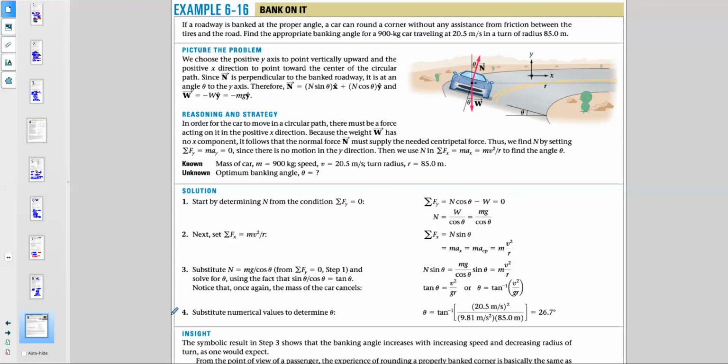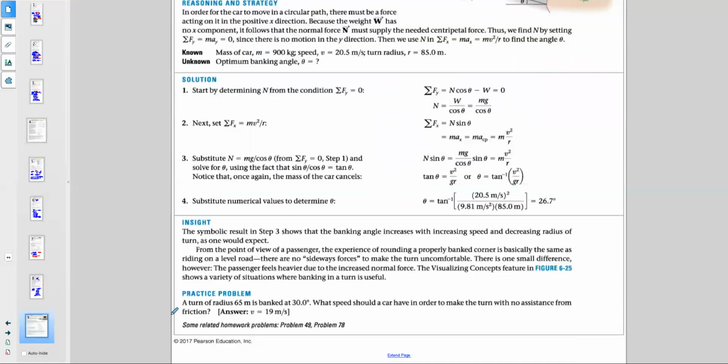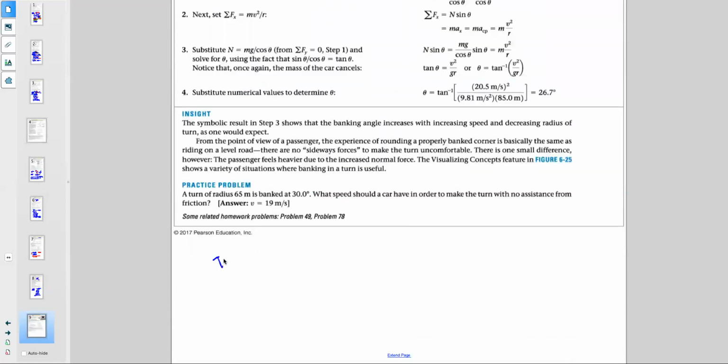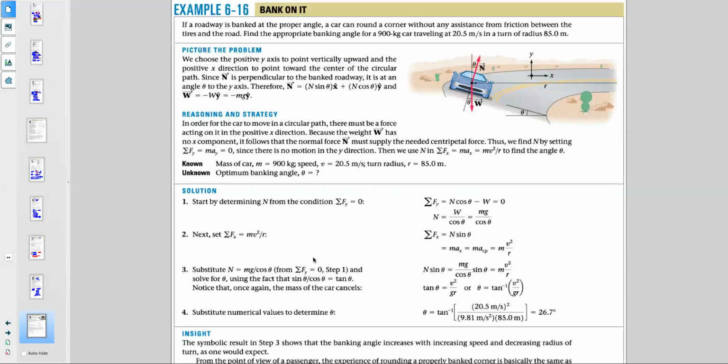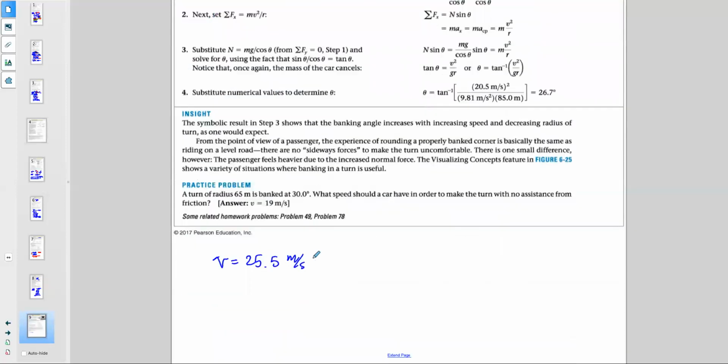So find the appropriate banking angle for a 900 kilogram car traveling 20.5 meters per second in a turn of radius 85 meters. So we know the velocity of the car, obviously, 20.5 meters per second.